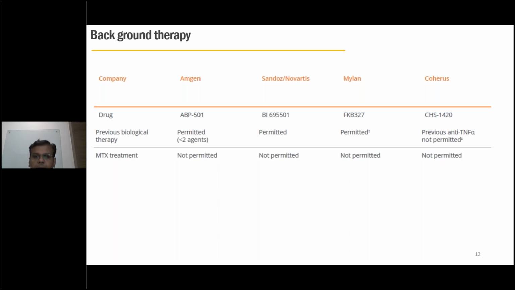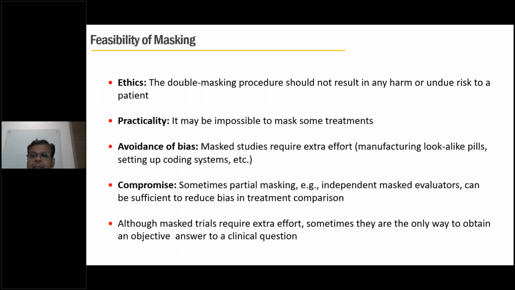On the same lines, when we come to masking, it's difficult to mask the substances, and at times it's practically impossible, because say either one could be an injection, a pre-filled syringe. I think you all know what a pre-filled syringe is.